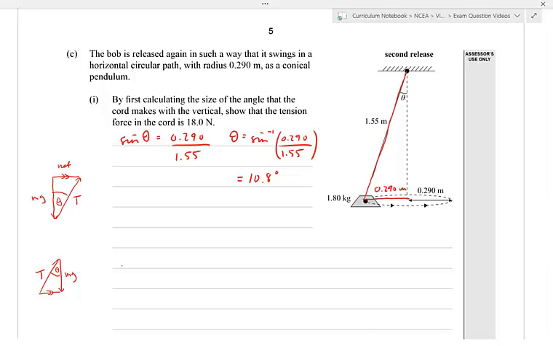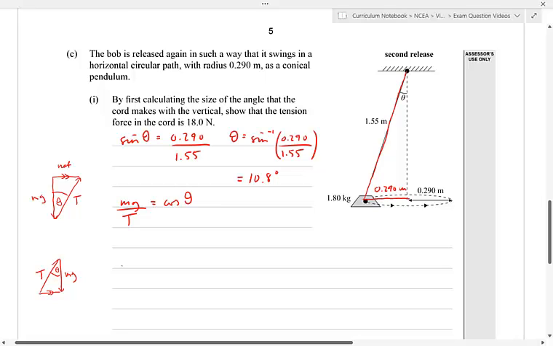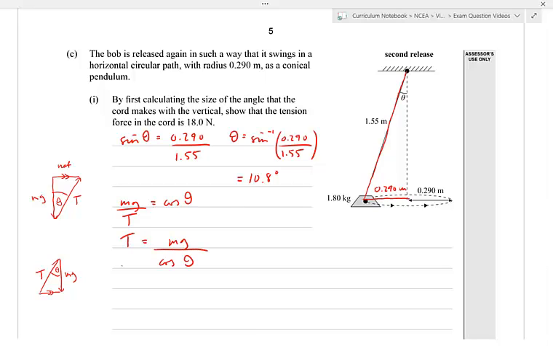So we can say adjacent over hypotenuse is the cosine of theta. So we can say mg over T is equal to cos theta. So T is equal to mg over cos theta, which is equal to 1.80 times 9.81 over cos of 10.8.